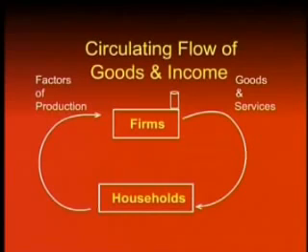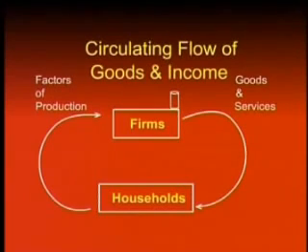The producers of goods and services are, of course, labeled as firms. Now, firms and households are in a twin demand and supply relationship with each other, and we'll illustrate why there are twin demand and supply relationships and not just one. First, notice that on the right-hand side of the diagram, households demand goods and services, and firms supply goods and services.